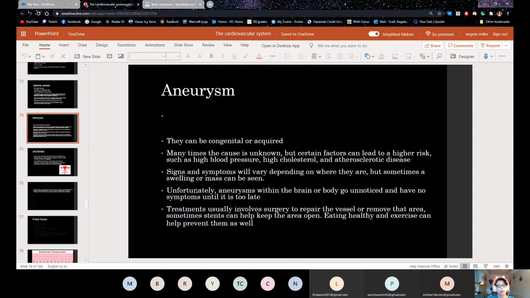Now, unfortunately, like I said, brain aneurysms a lot of times go unnoticed with no symptoms, but aneurysms can happen anywhere in the body. It is not just in the brain.